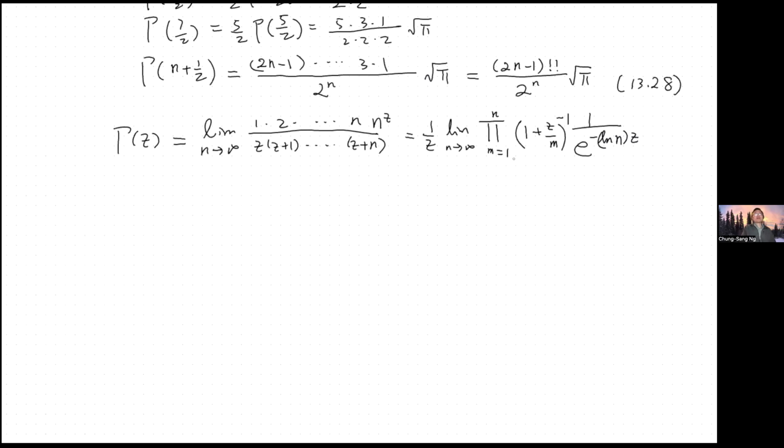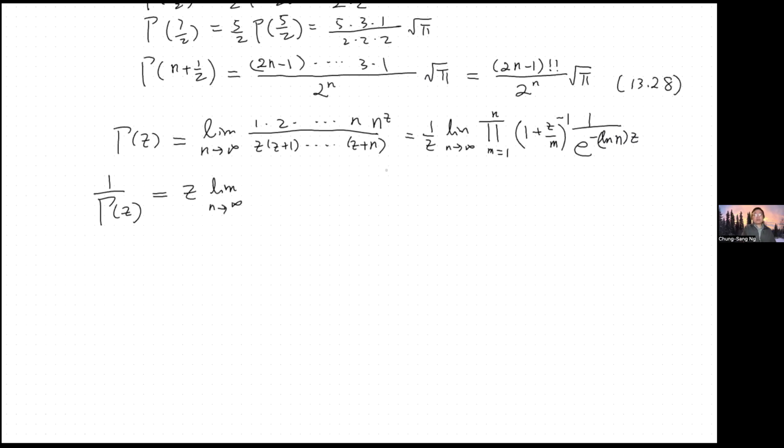The next thing is, because all these are in the denominator, we can more easily just invert the formula: 1 over gamma of z becomes z, as this goes to the numerator, times the limit as n goes to infinity.